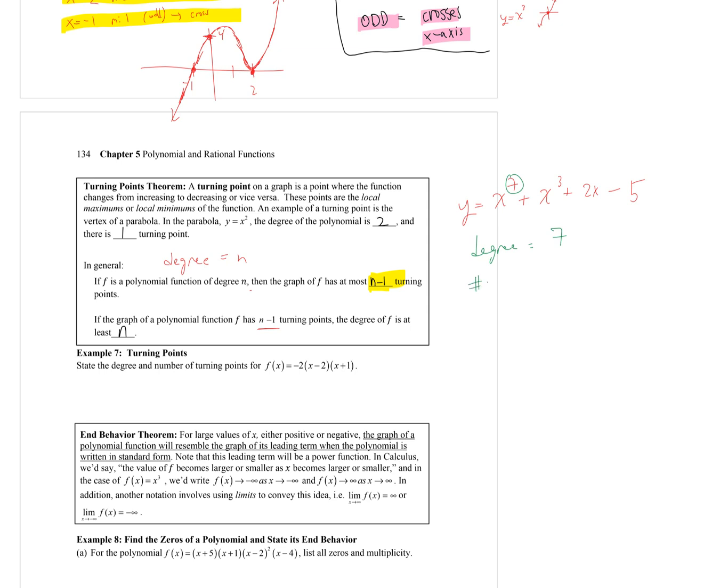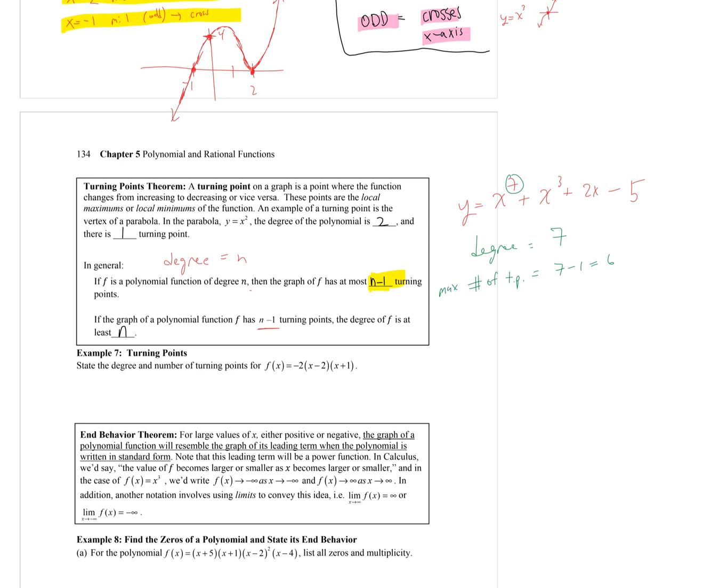So the max number of turning points is going to be 7 minus 1, or 6. That's the most it can have. It can also have less. So it can have 6, and it goes down by 2s, right? So 6 or 4 or 2, or 0, technically. That's the most it can have, 6.